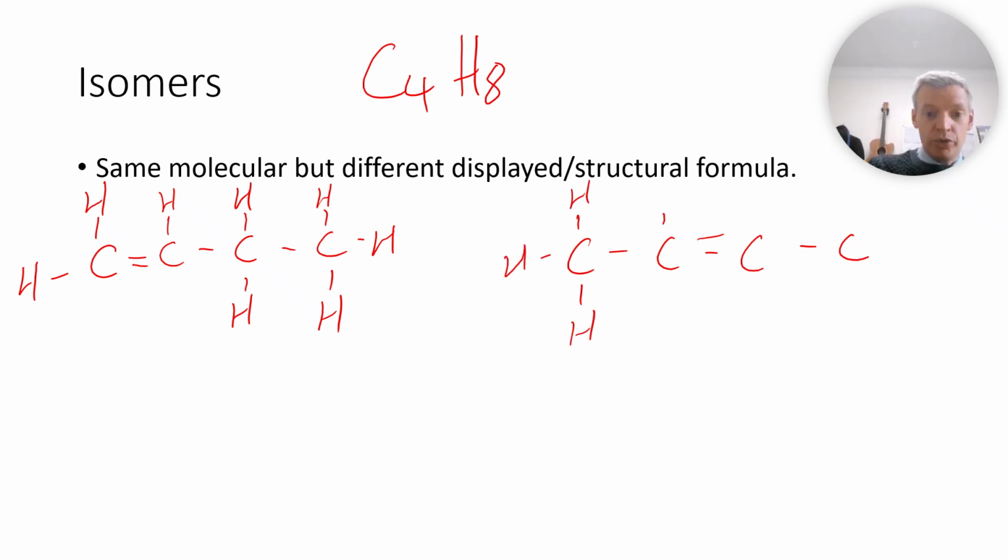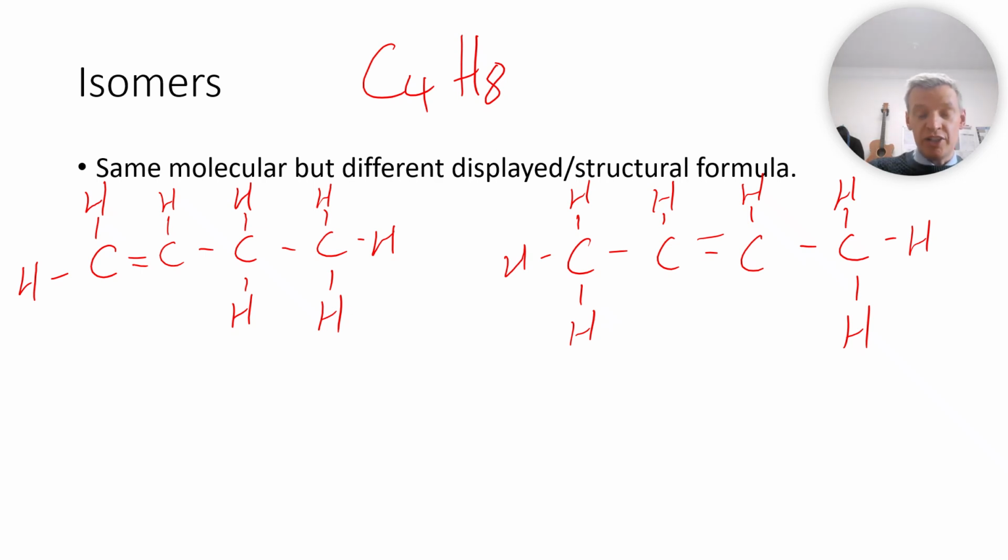I need to add one more into this bond, and I need to add one more onto that carbon, and then the one on the end needs another 3 hydrogens. Be very careful, particularly with the middle carbons, that you only ever draw 4 bonds coming out of it, and you count up the atoms, 4 carbons, and you'll see that you have 8 hydrogens. You can't have more than 8 hydrogens in your molecule.